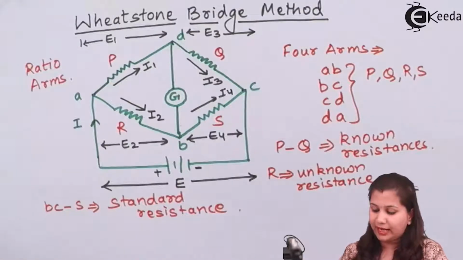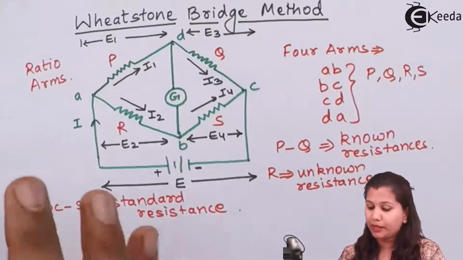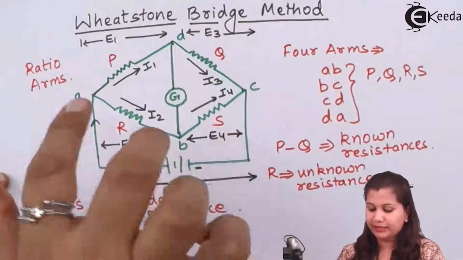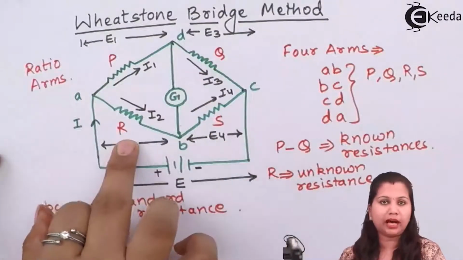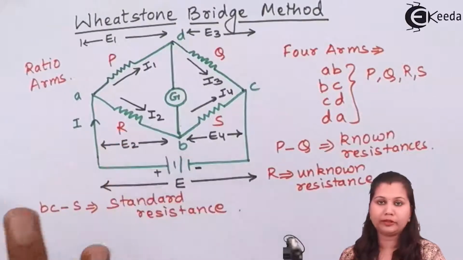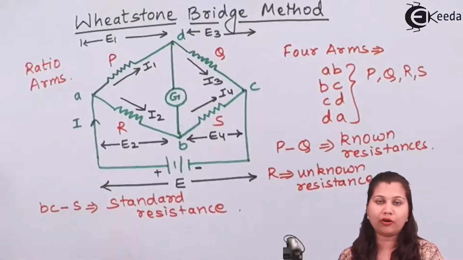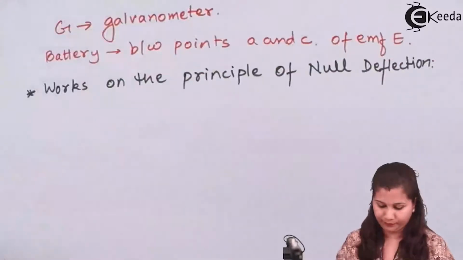Also, at that time we can derive a mathematical relationship between the known variables, that is P, Q and S, and the unknown variable R. So that is the principle of null deflection, on the basis of which this Wheatstone bridge works.